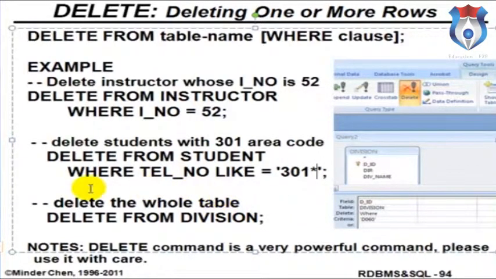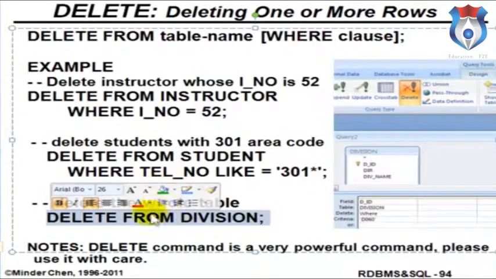In this case, it means that you want to delete all the students whose telephone number started with 301 area code. If you just say delete from division, then you're removing all the existing records in the division table. You are not removing the table itself. It will become an empty table.